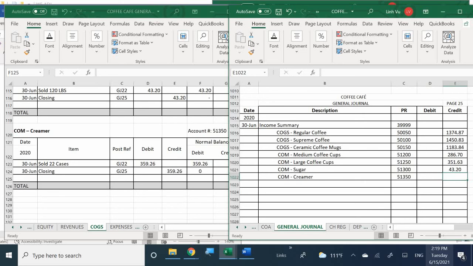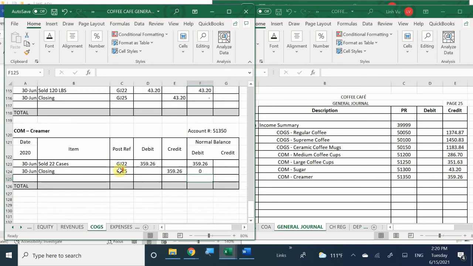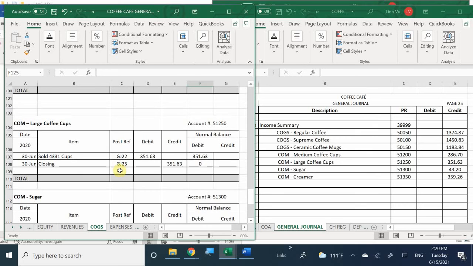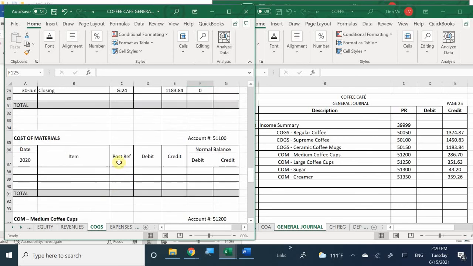For the 359.26. Okay. Good. So let's go ahead and go up and take a look here. All of my cost of materials are zeroed out.